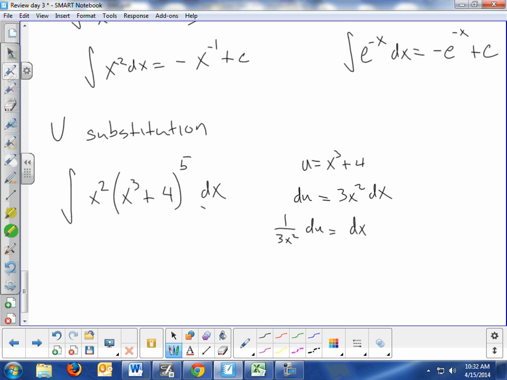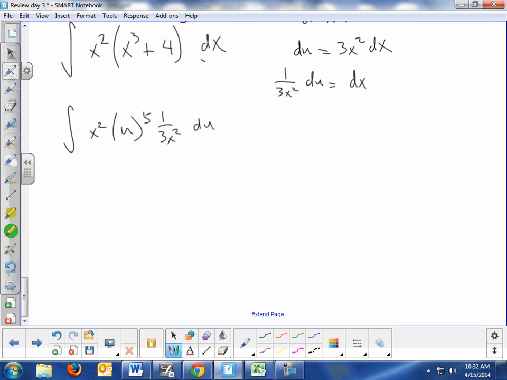Then I substitute in u, and I substitute for dx. So this becomes x squared u to the fifth. dx becomes 1 over 3x squared du. Now, if all is right in the world, if I have du here, I can only have u's in here.